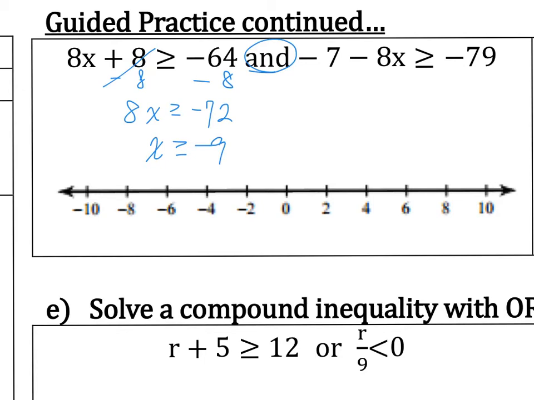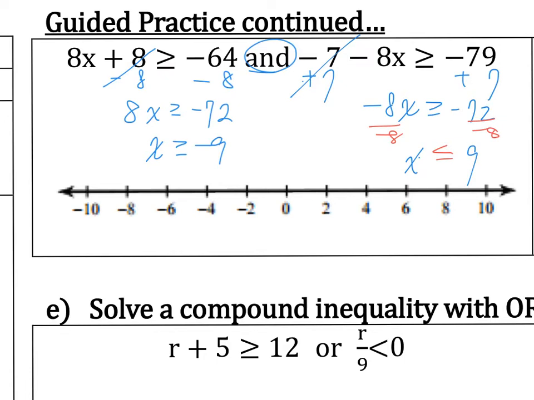And for the other one, we can add 7 to both sides. Take down negative 8x. Negative 79 plus 7 is negative 72. And we divide by a negative number. Remember to reverse the inequality sign. So x will be less than or equal to positive 9.